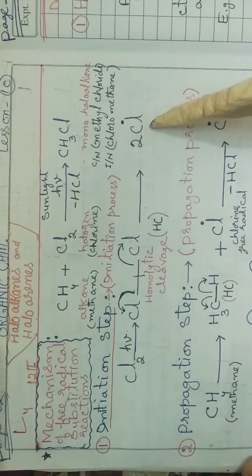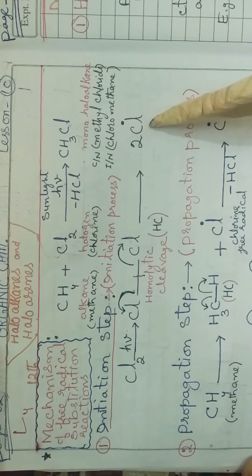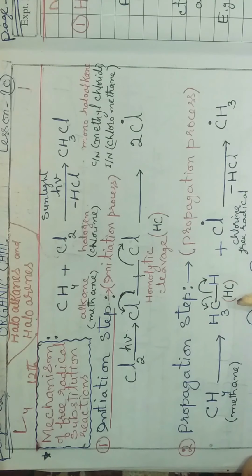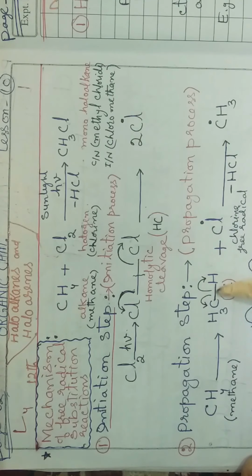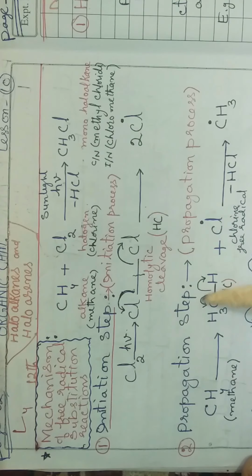Now what happens in the next process, the propagation step? This free radical combines with a fresh unit of methane, CH4. You can write it like this: CH3 and H, a C-H bond, because one of the C-H bonds undergoes homolytic cleavage and forms an H free radical and a CH3 free radical.